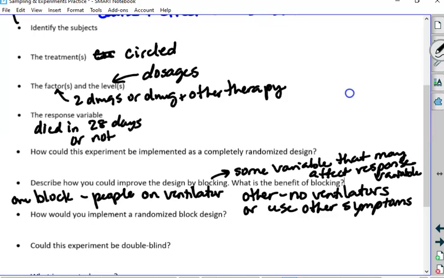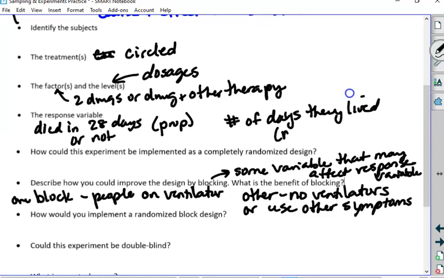In that case, we would be dealing with a proportion. Either they did or they didn't die within 28 days. And so we'd say what proportion? Or it could have been the number of days they lived. In that case, we'd be looking at a mean. Like, what's the average number of days lived after taking this medicine?